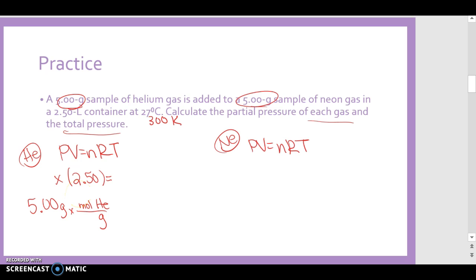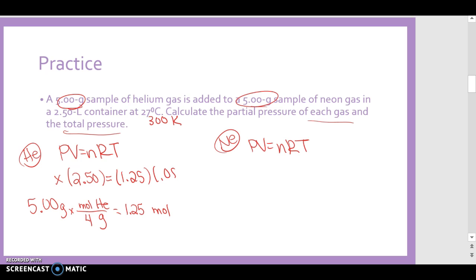Molar mass of helium is 4. So 5 divided by 4. So that's going to go in for our n, 1.25.